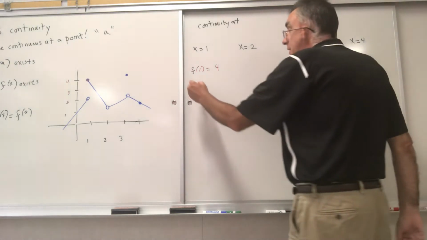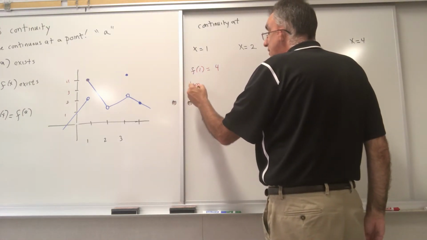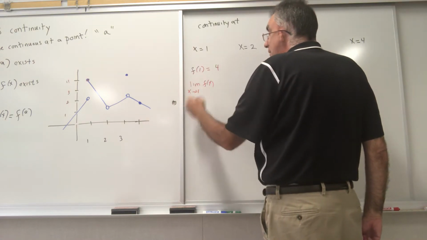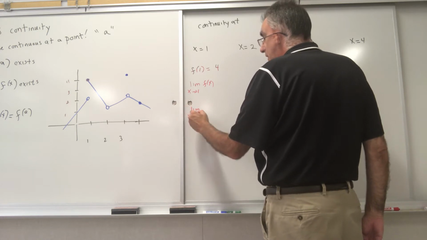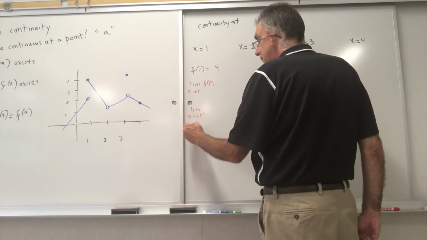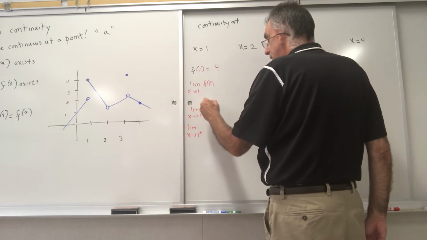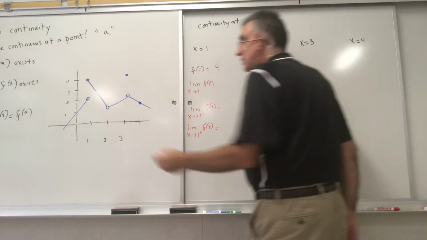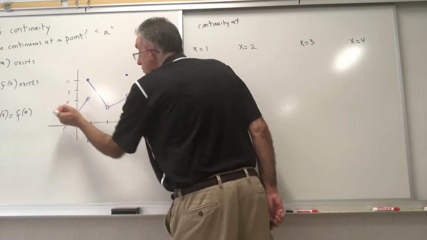Now, what would the limit be as x approaches 1? Well, remember how we do that. We have to check from the left and from the right. So notice that on this side of 1, I'm pretty close to 2.